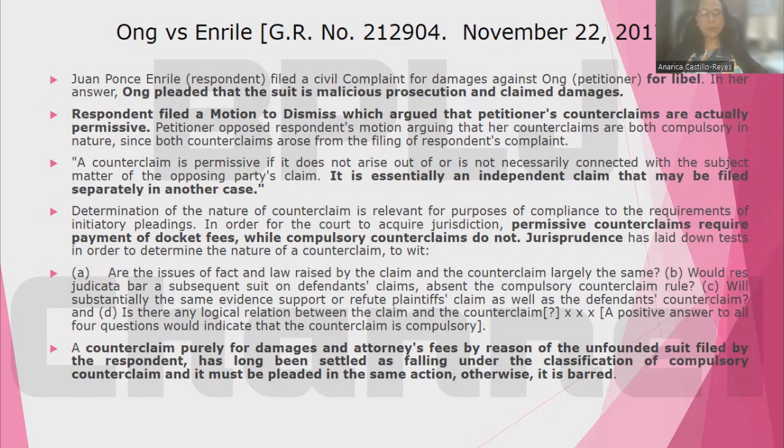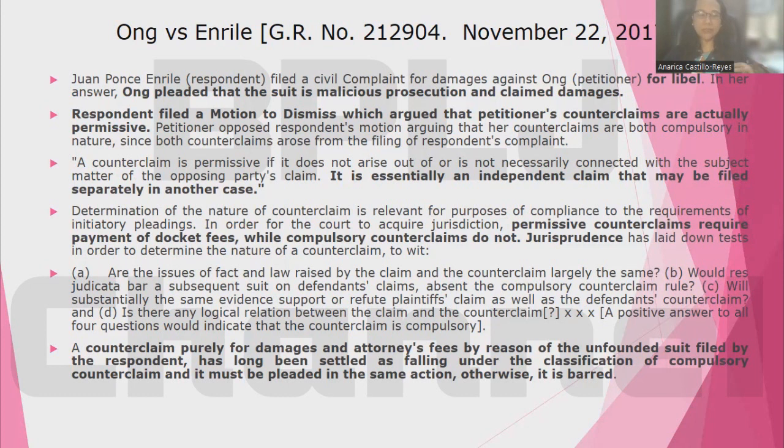A counterclaim is permissive if it does not arise out of or is not necessarily connected with the subject matter of the opposing claims. It is essentially an independent claim that may be filed separately in another case. Permissive counterclaims require payment of docket fees, while compulsory counterclaims do not.